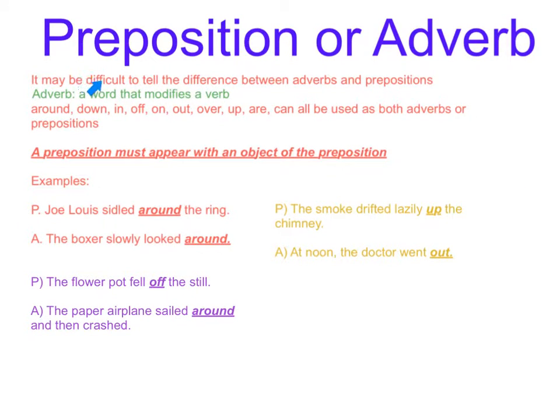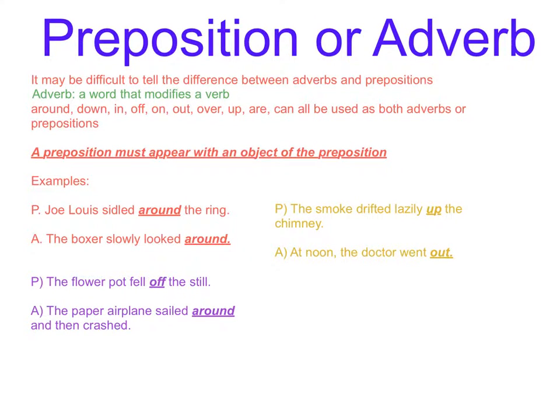It may be difficult to tell the difference between adverbs and prepositions. An adverb is a word that modifies a verb. Around, down, in, off, on, out, over, up can all be used as both adverbs or prepositions.